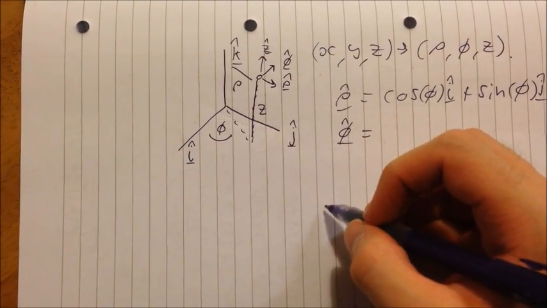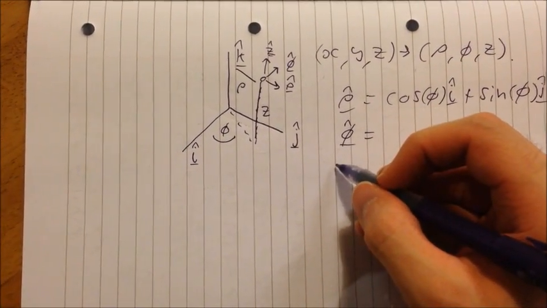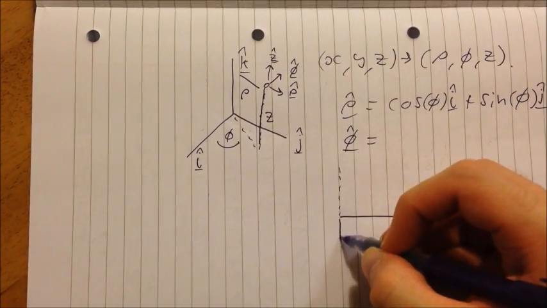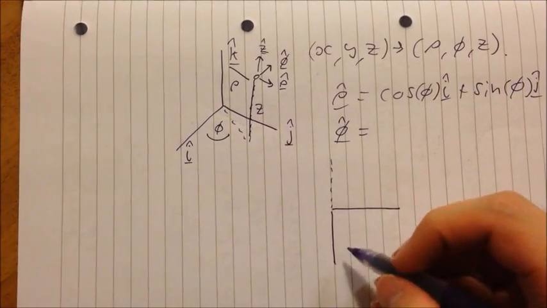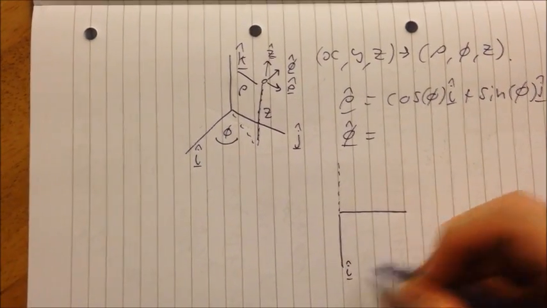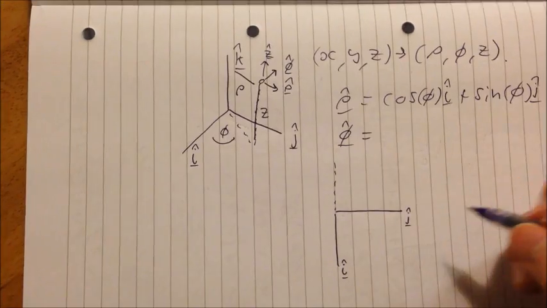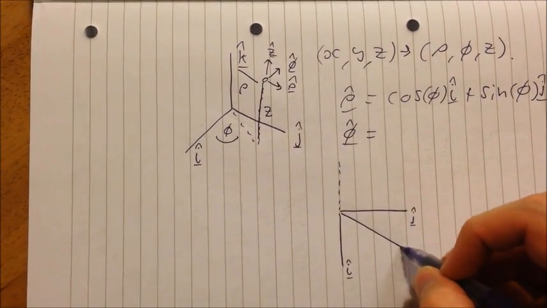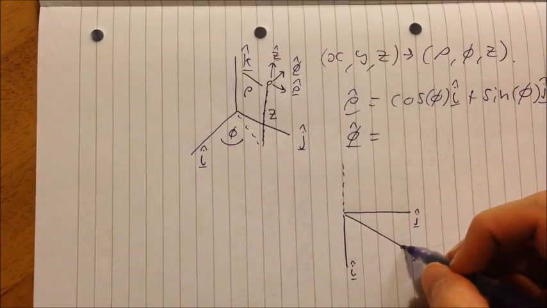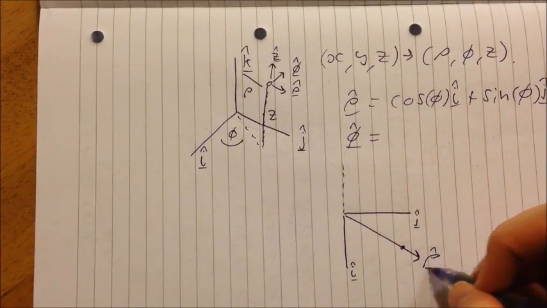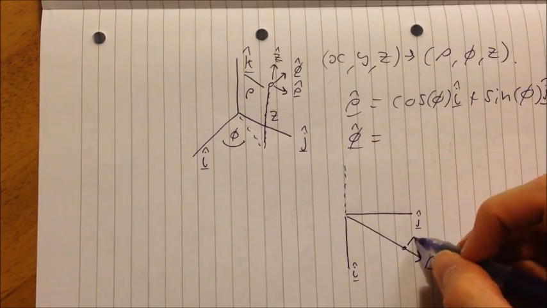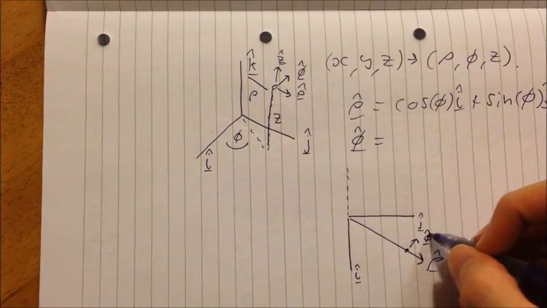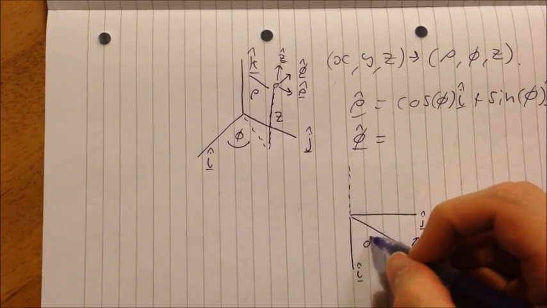Okay, so this is i, this is j. This can be the rho unit vector from the point, and this can be the phi unit vector. And this is phi.